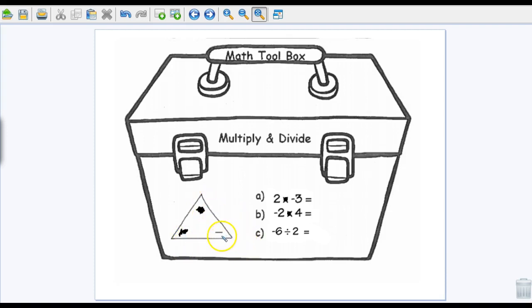What I'm left with is a negative number, so that tells me my answer to this multiplication problem is going to be negative. Okay, so I'm going to say 2 times 3 is 6, so I'm going to put my 6 there. Right, that makes sense? So I'm going to go ahead and erase these because we're going to use this. You should be covering up the signs with your fingers.